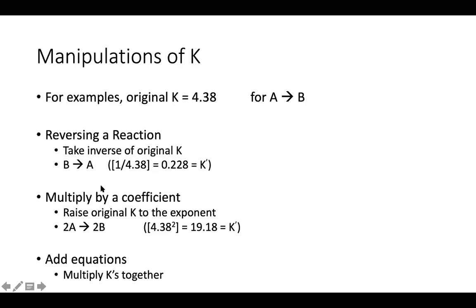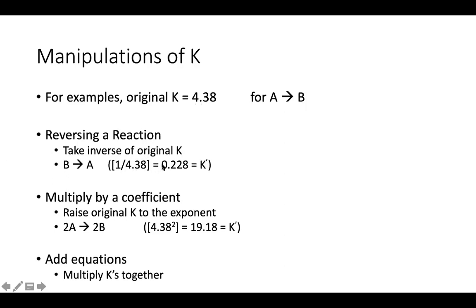For the examples that I use down here, I'm going to say that my original equilibrium constant is 4.38, and this is for the reaction of A going to B. If you're ever in a circumstance where you want to reverse your reaction, so you want to find the equilibrium constant for the reaction of B going to A, you would find this by taking the inverse of your original K. The constant for B to A would be 1 divided by our original equilibrium constant, 4.38.